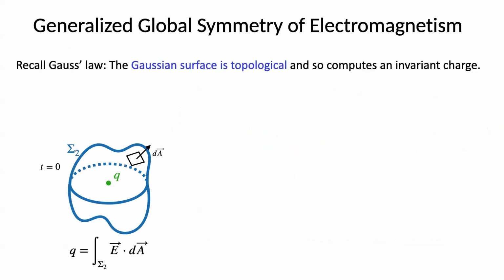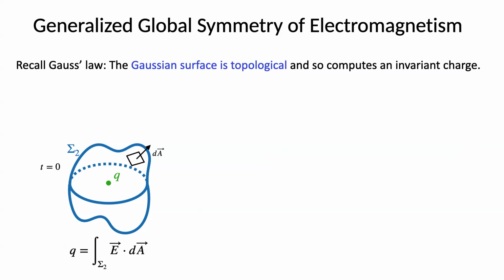Good. Okay, so let me make this a bit more explicit by thinking about a very familiar, well-loved theory of particle physics, which in fact has a rich spectrum of generalized symmetries, and that's just pure electromagnetism. Let me remind you of Gauss's law, as we all learned in undergrad. You can draw some two-dimensional surface and integrate the electric field over that surface. This Gaussian surface is topological.